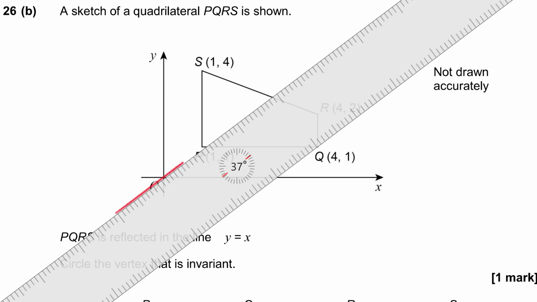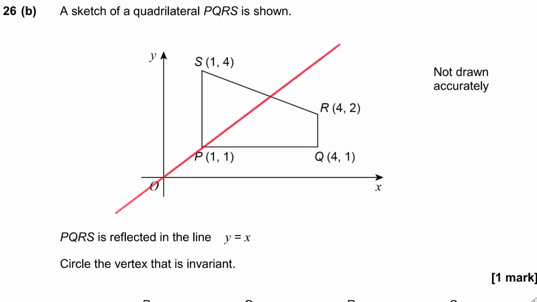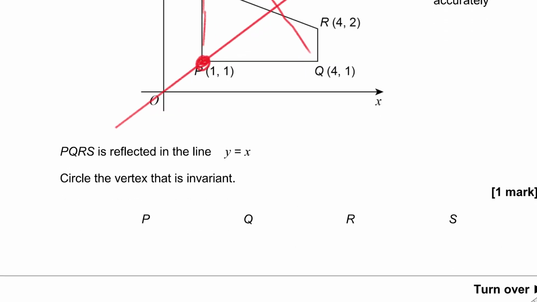So if I draw that line on, I think you can see what will happen. So it's going to look a bit like that, isn't it? So anyway, the point that is not going to move is this point P that lies on the mirror line. So circle the vertex that is invariant. Again, that's going to be P.